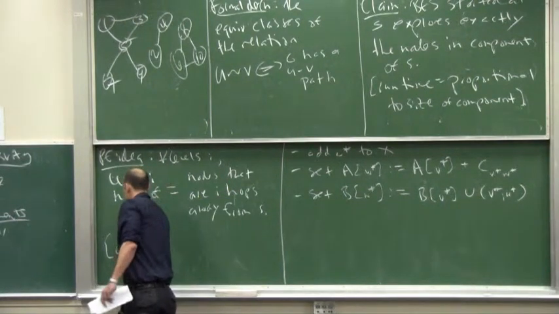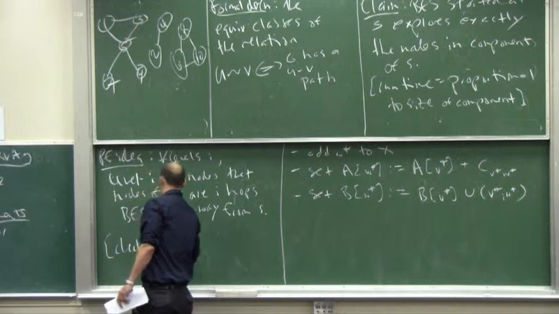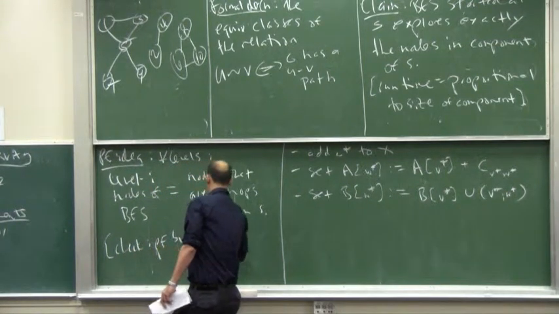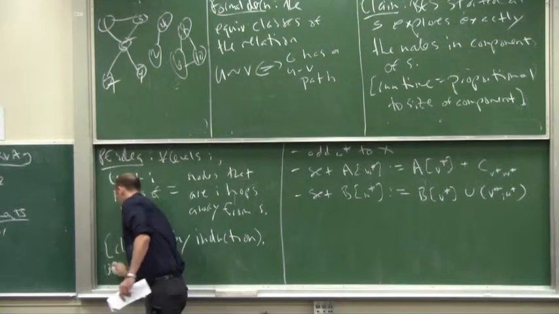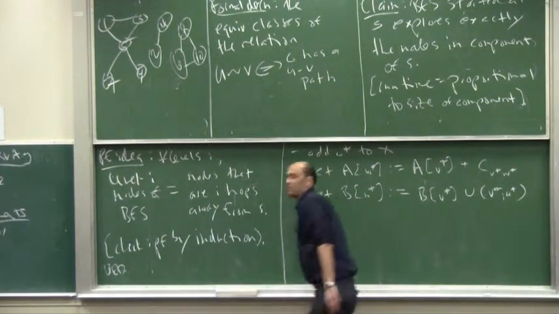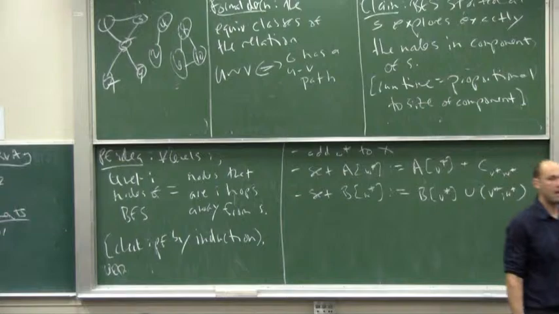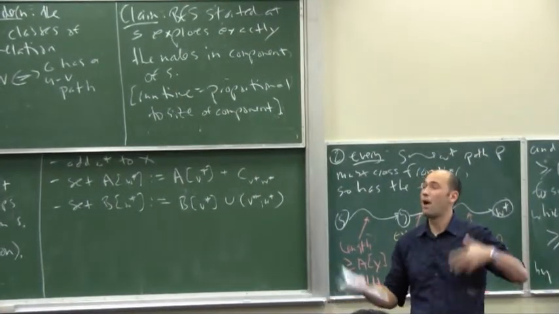So I recommend checking this and proving it by induction. Okay? And again, what is the point? So what was the first claim? The first claim is if you start BFS inside a connected component, it's going to find everything in that component and nothing more. The nothing more, I think, is obvious.